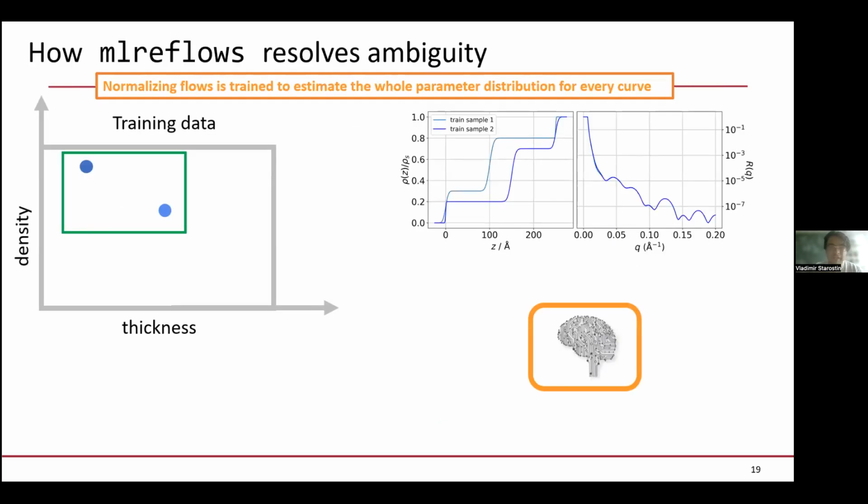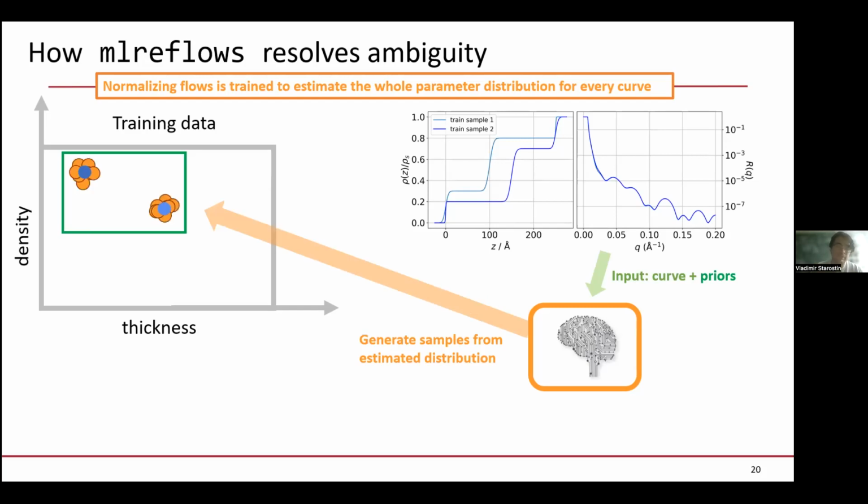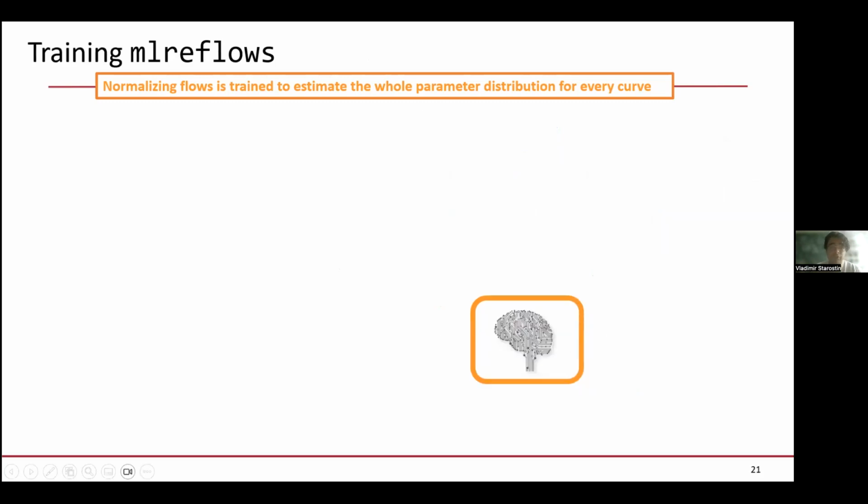So just an idea, the sketch of how it works: instead of getting one prediction, you generate samples from your normalizing flows. For those who use, let's say, Markov chain Monte Carlo, you understand what I'm talking about. You are sampling from the estimated parameter space, and then you basically get all the solutions within the prior knowledge. How do we train that?